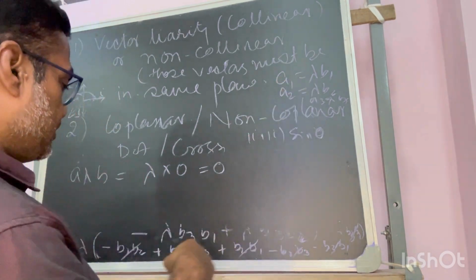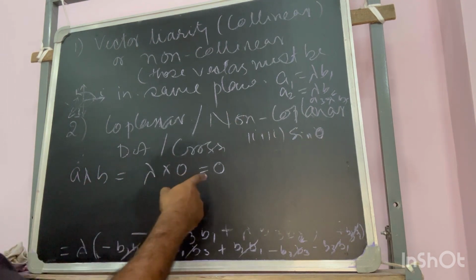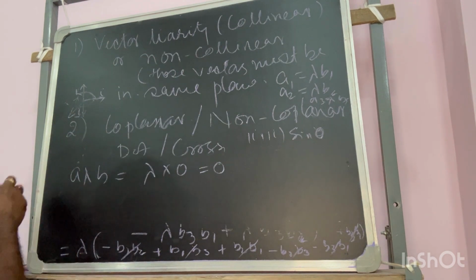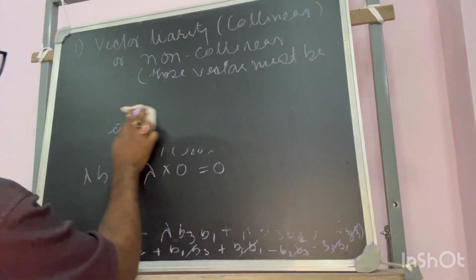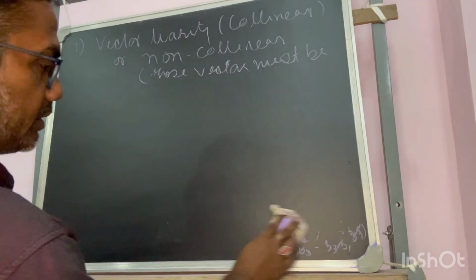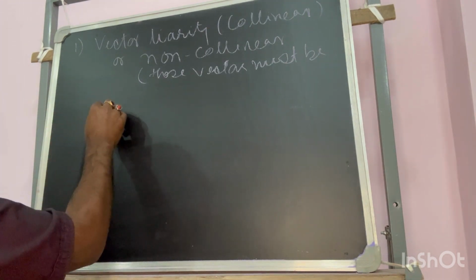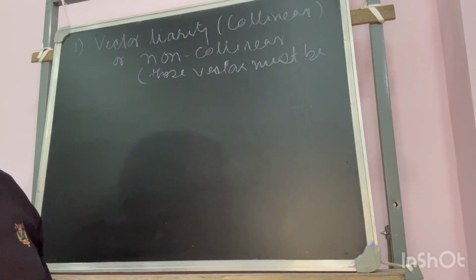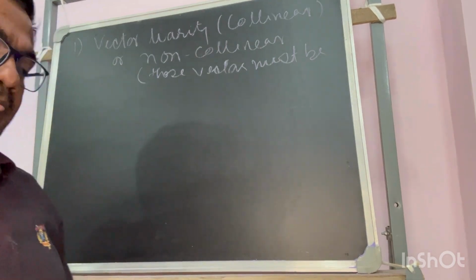So if I use that, the third condition, that the cross product of the vectors is also 0, can be proved here. These are the major three conditions. If it has to be collinear, these three conditions have to be satisfied.